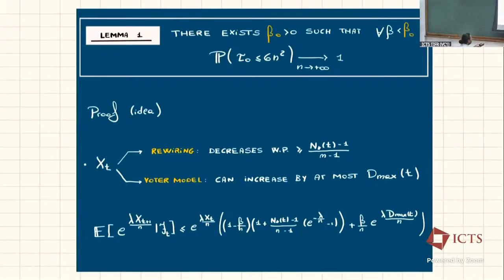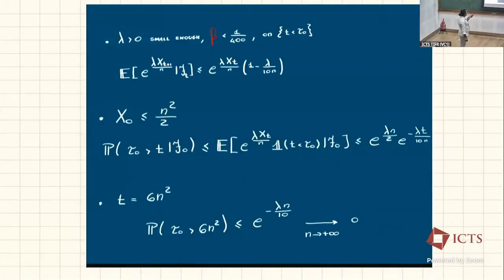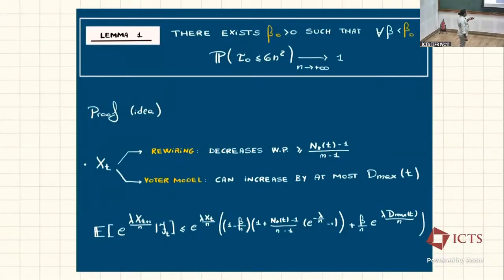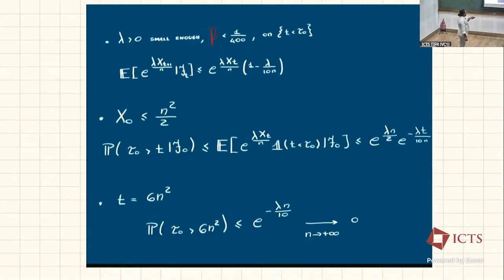And now you have this expression. If lambda is small and beta is small, on the event t less than tau naught, you have a bound on this n*_t, and combining the bounds, you obtain this type of supermartingale expression.